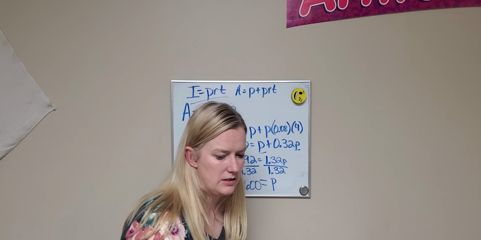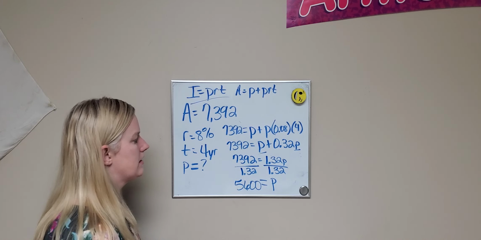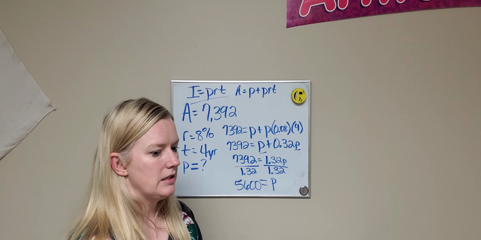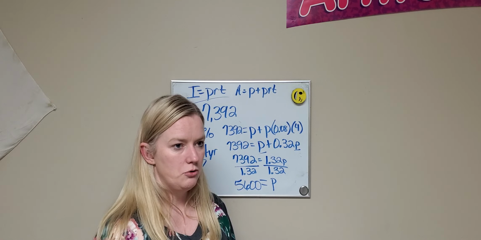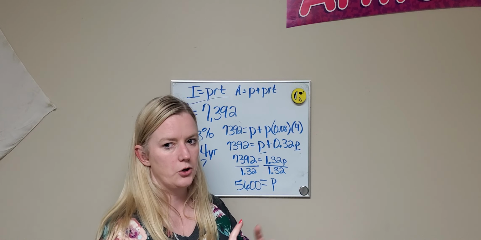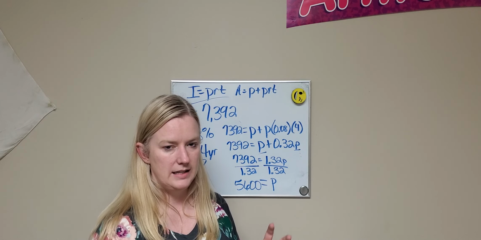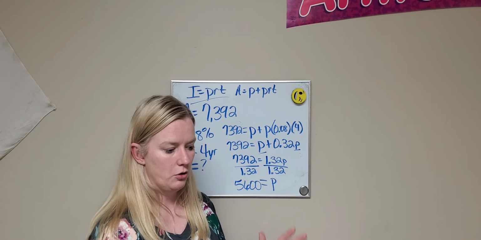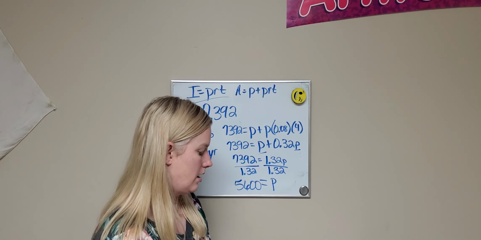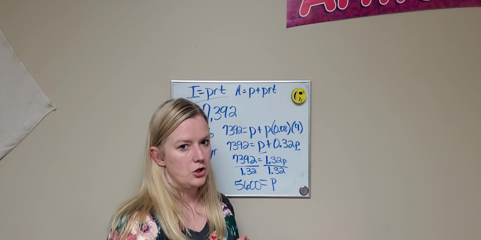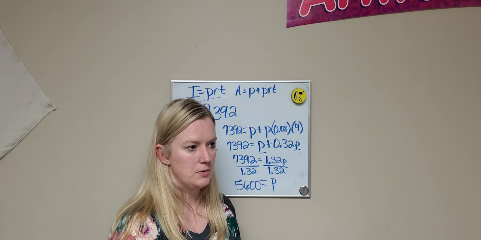I know that I'm talking fast on these and moving fast through these word problems, but they're basically all the same. You just have to rearrange where your numbers go. But the setup of all of them is the same. You just have to know which of the answers you're supposed to be getting. Are you supposed to be getting principal?